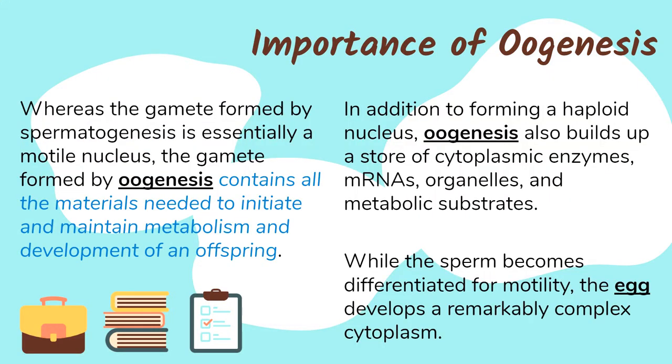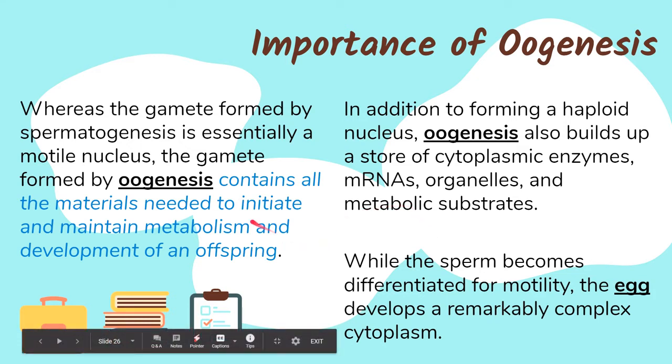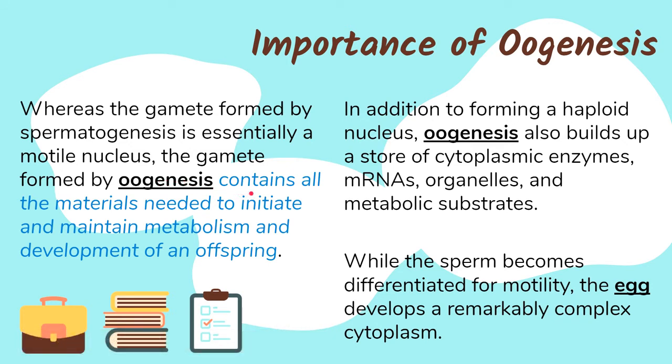And how about the importance of oogenesis? If sperm cells must be chromosomally normal, same thing with egg cells. Oogenesis is the production of egg cells. Another important thing is that the egg contains all the materials needed to initiate and maintain metabolism and development of an offspring. The sperm cell only contributes the nucleus, the genetic material.